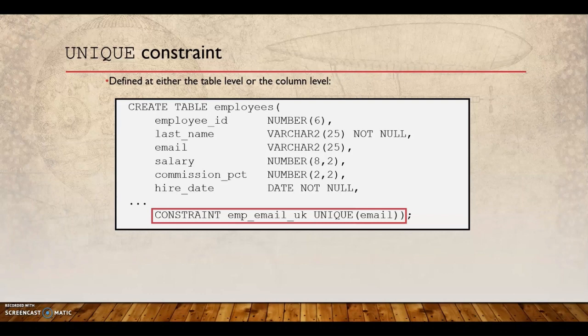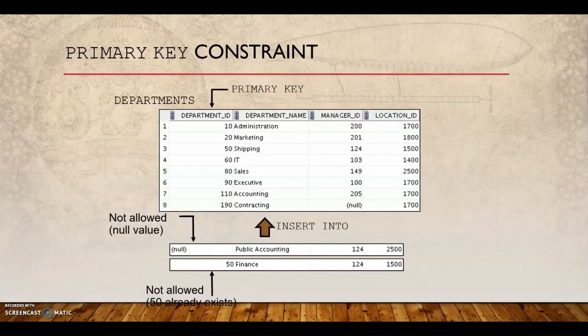Take for example a payslip, which is confidential information. If you send the same payslip details to both persons, it's a huge violation. So that's where you define a unique constraint, meaning for one employee, the email ID should be unique.